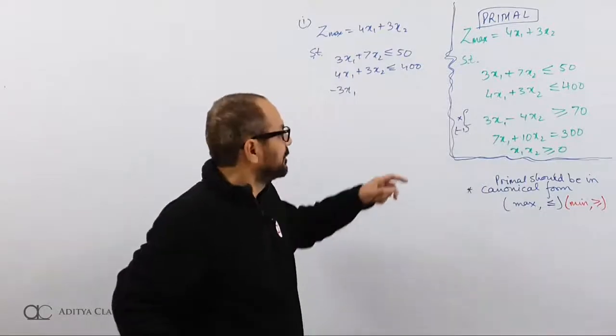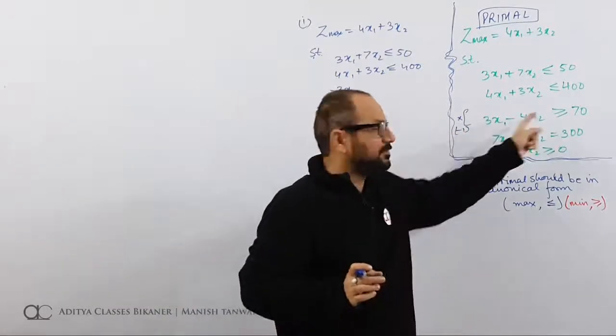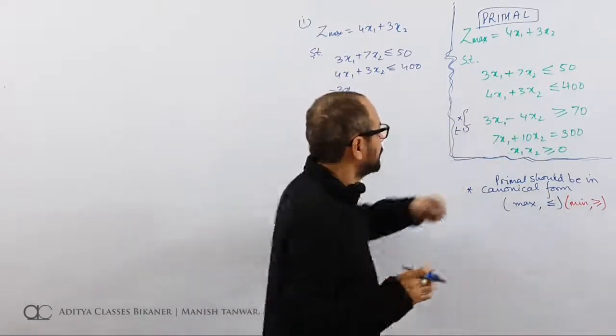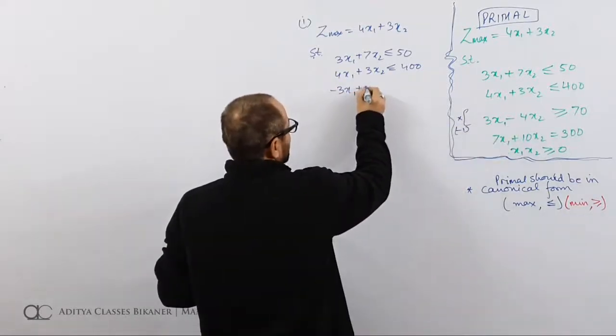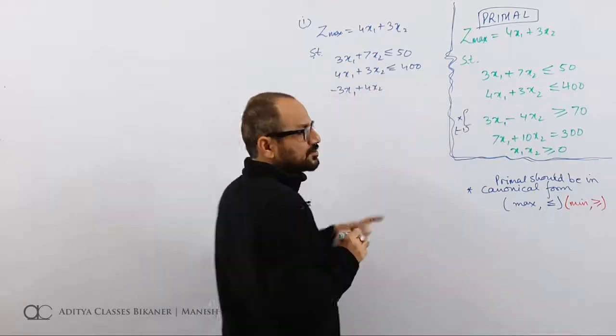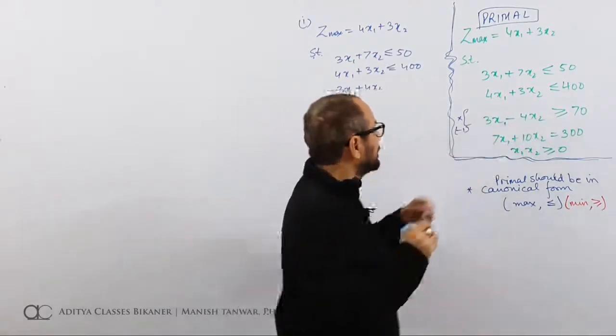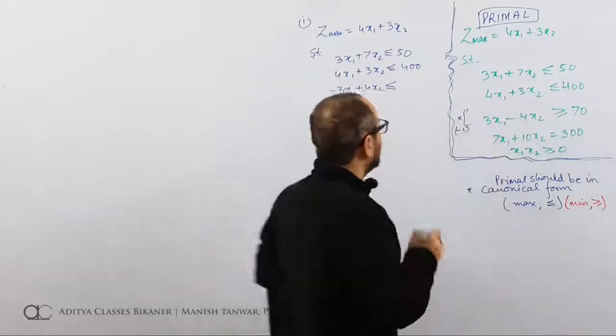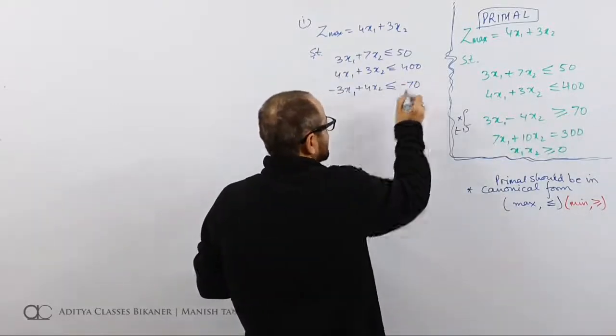Is that fine? I'm multiplying the complete equation by -1. Minus 4x2 becomes plus 4x2. Greater than becomes less than, and 70 becomes minus 70.